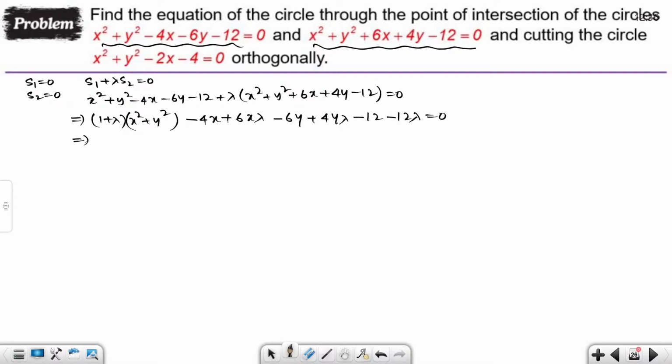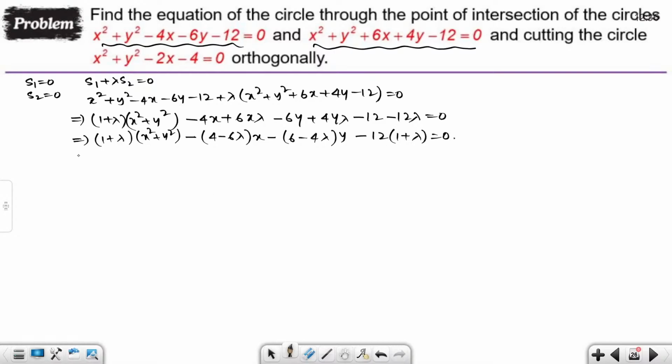So from here we are getting x square plus y square minus 4 minus 6 lambda x minus 6 minus 4 lambda y minus 1 plus lambda equals to 0.